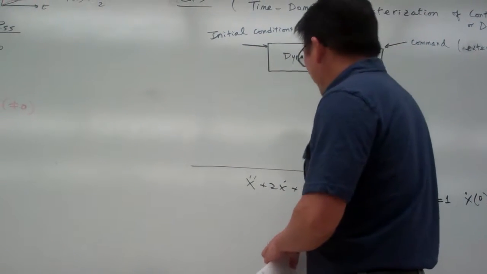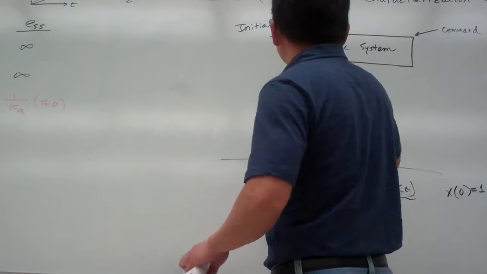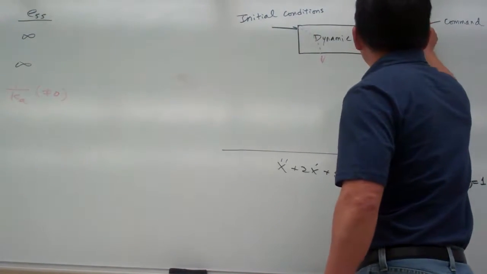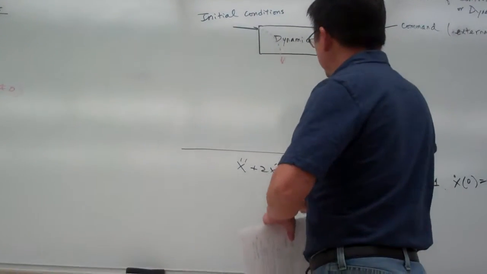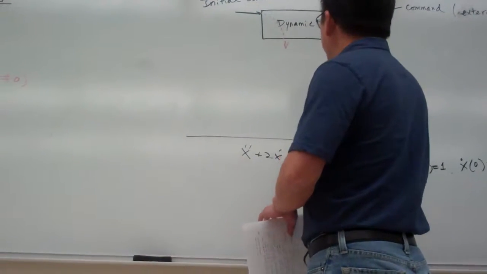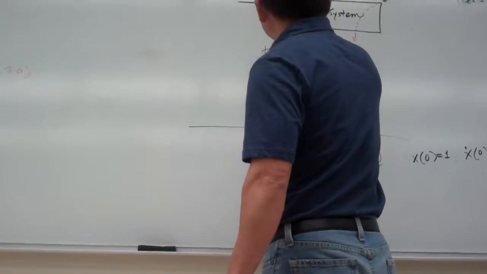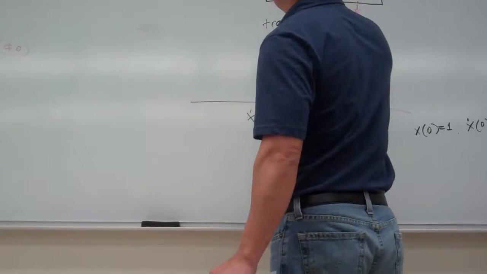So the initial conditions are going to influence the dynamics, and the command will influence the dynamic systems. The initial conditions will influence the dynamics and come up with the transient response.